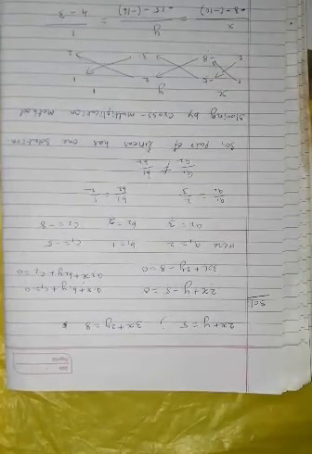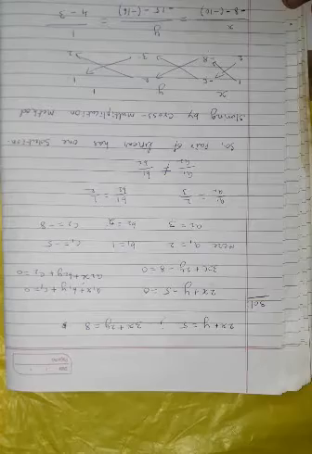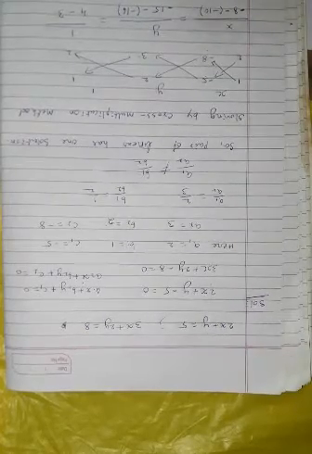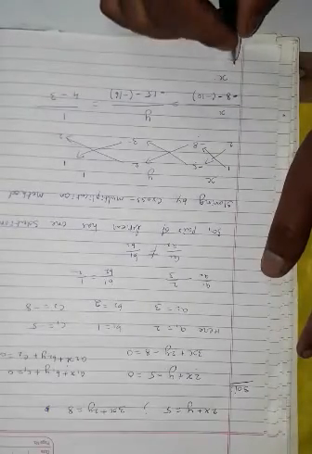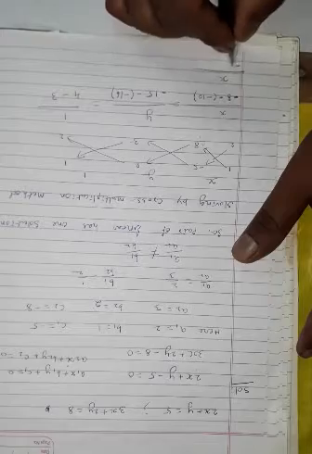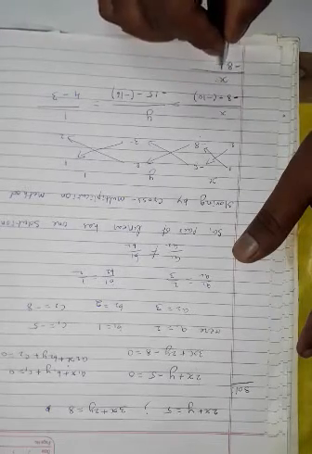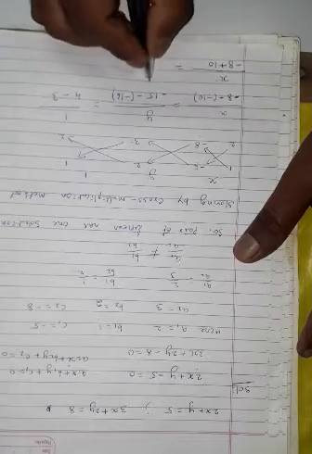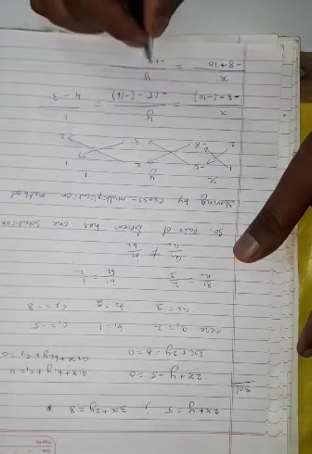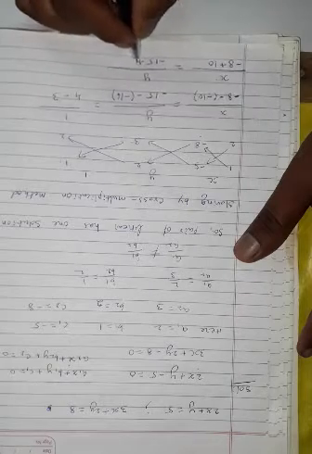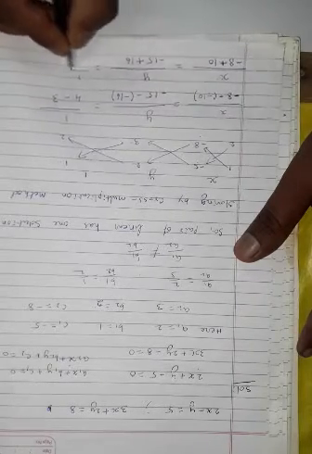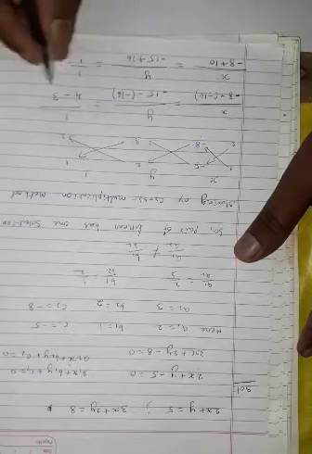If we go for simplification, x divided by minus 8, minus of minus becomes plus 10, y divided by minus 15, minus of minus becomes plus 16, and 4 minus 3 is 1.